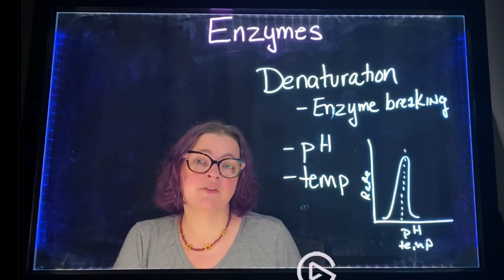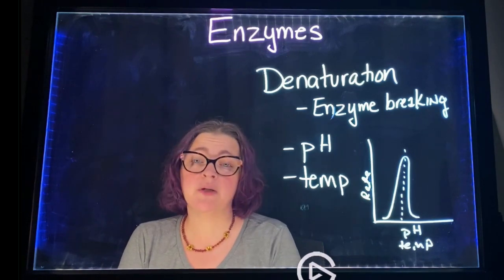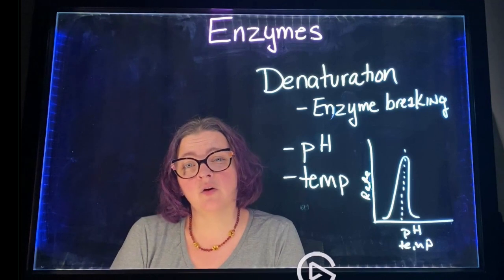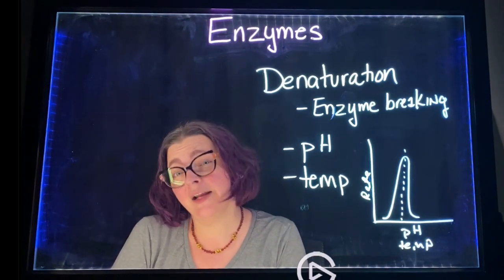And it can be different for different enzymes. Some enzymes, such as the ones in your stomach, are going to work at a very low pH, where the ones in your small intestine are going to work at a little bit higher pH.